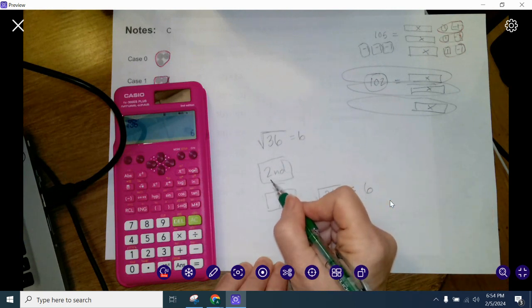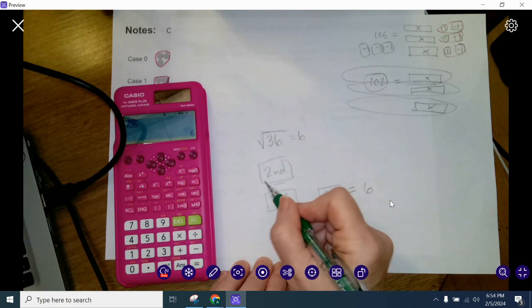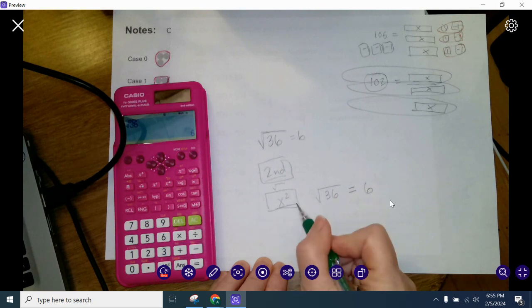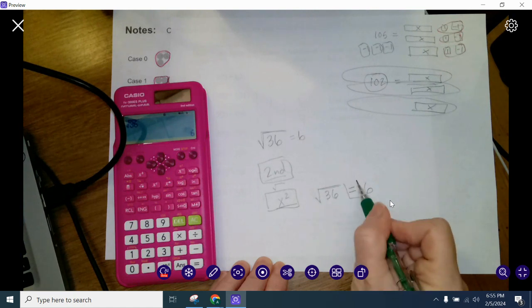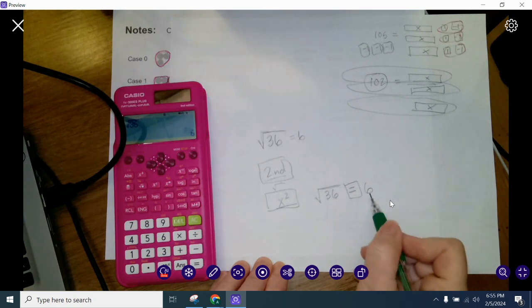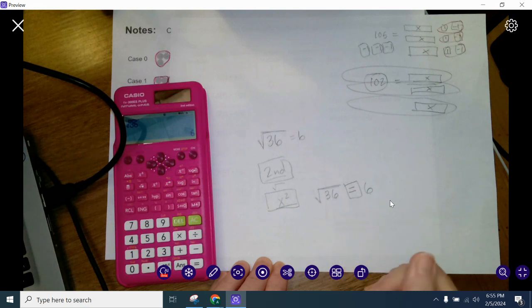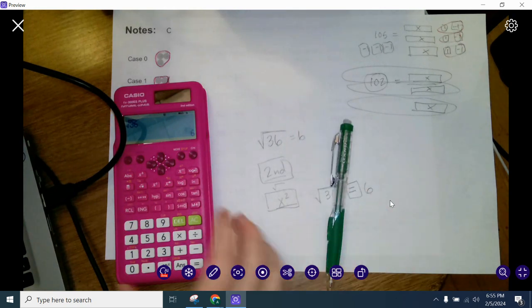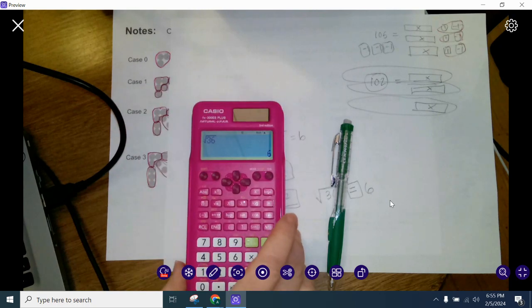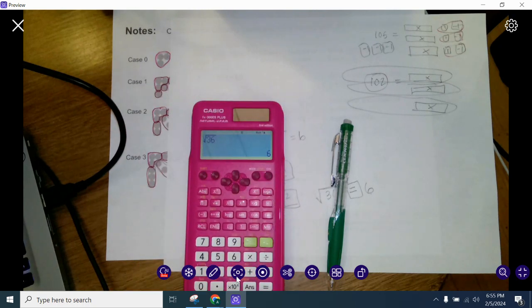So on the calculators in the classroom, hit the second key, then the x squared key. It'll give you this symbol, type in the number, and then the equal sign, and it'll tell you what number times itself gives you 36. Help each other with that. I know I can't show you because I don't have the right type of calculator here with me right now.